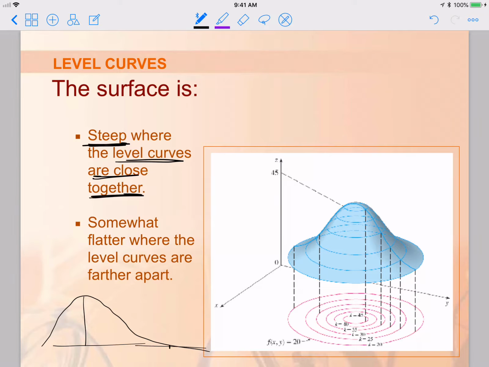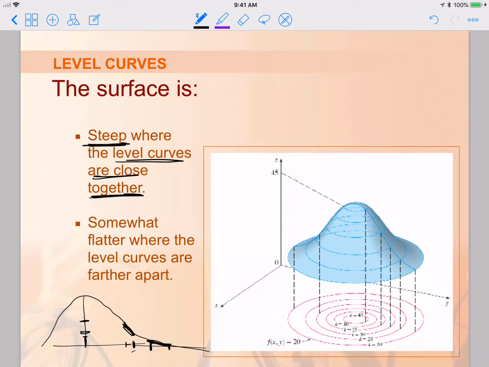Now, if you're starting here and you end up here, your change in elevation hasn't been that much, right? But steepness would be, okay, now I start here and I walk just a little bit and my elevation changes almost twice as much in half of the distance, right? So that's why this is steeper than this, because the rate at which you're changing elevation is greater.